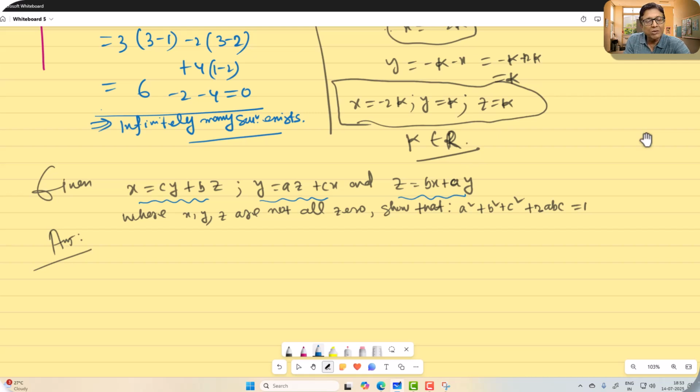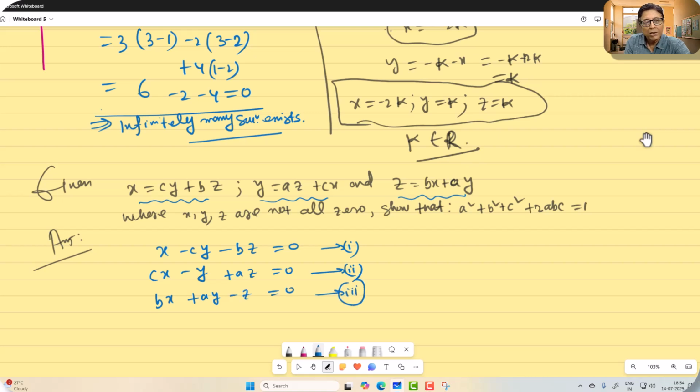that is x minus cy minus bz equal to 0, cx minus y plus az equal to 0, bx plus ay minus z equal to 0. The question says they are not all 0.